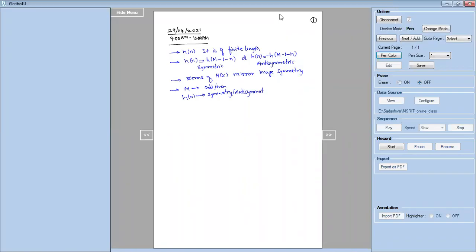Because of these two constraints, we will come across four different cases. Case 1, that is known as the type 1 FIR filter, where M is odd, the length of h of n will be odd, and h of n will be h of M minus 1 minus n, that is symmetric nature.